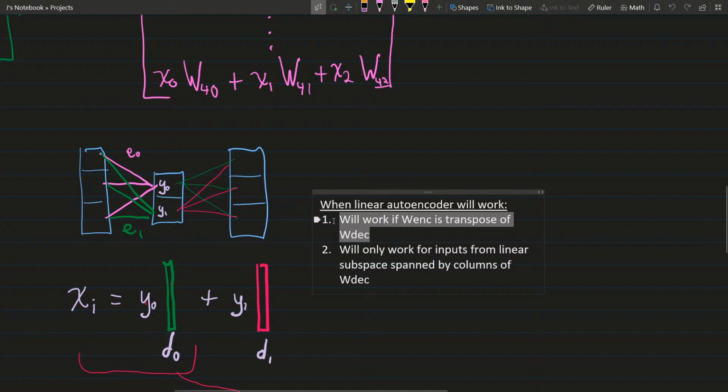The main observation is that the only thing the model can output is linear combinations of the decoder weights, right? So for instance, this red.